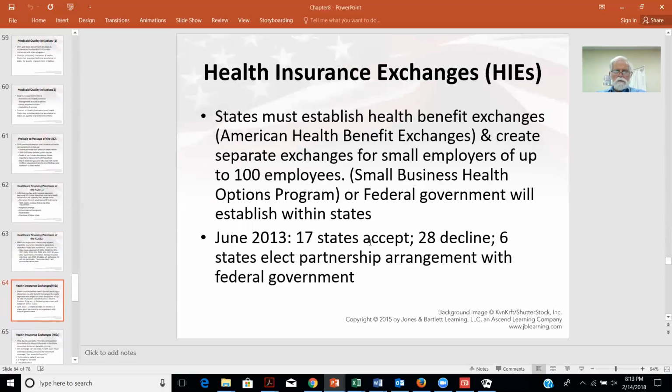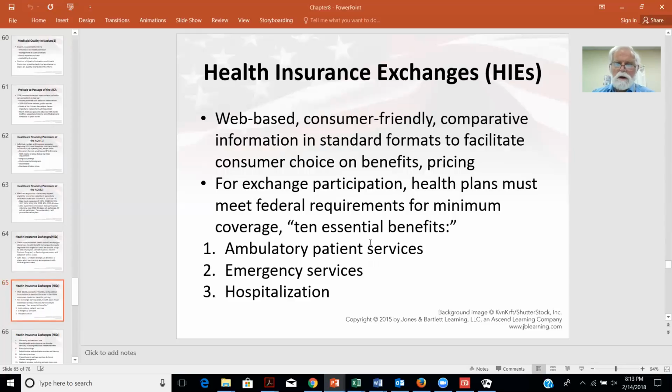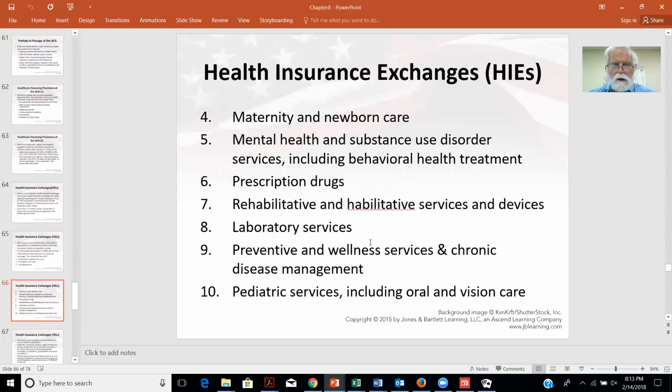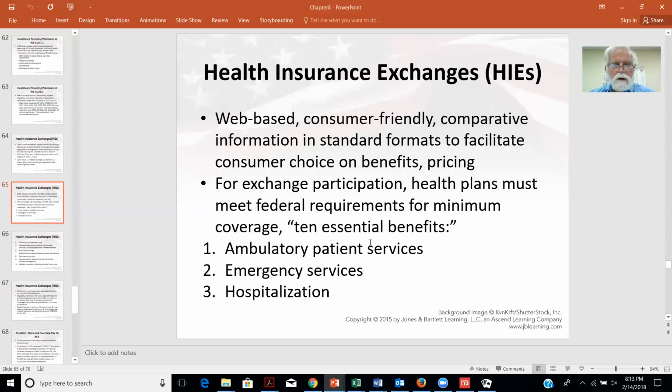We have a variety of changes. We talked about health insurance exchanges as part of the health information technology discussion the other day. These health insurance exchanges are a set of web-based participation, so that consumers could have choices in both benefits and in pricing.